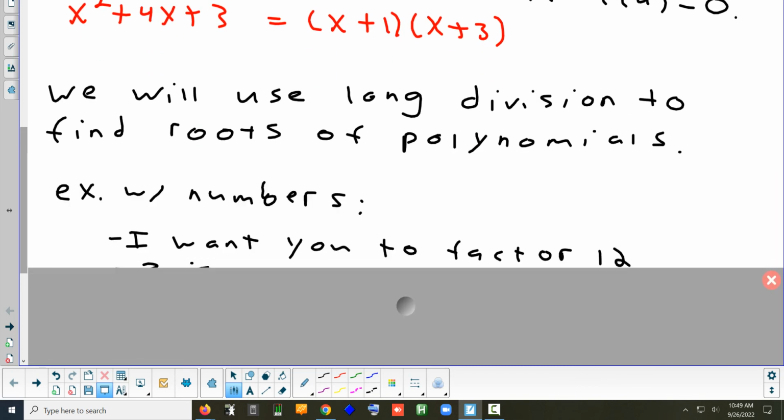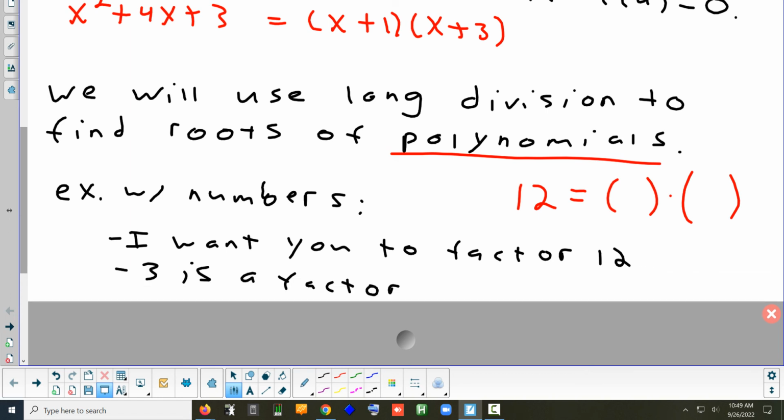So let's say I wanted you to factor the number 12. This is an example with numbers before we get into doing it with a polynomial. If I want you to factor 12, that means I want you to write it as something times something. Now, I'm going to tell you that 3 is a factor. How could you find the other factor knowing that 3 is a factor?